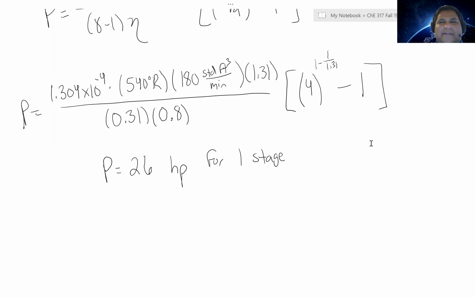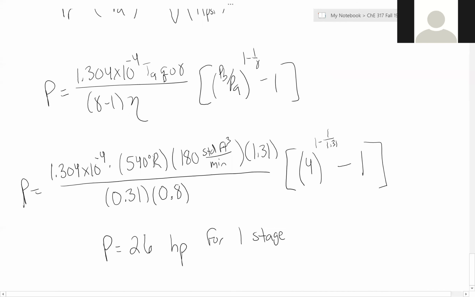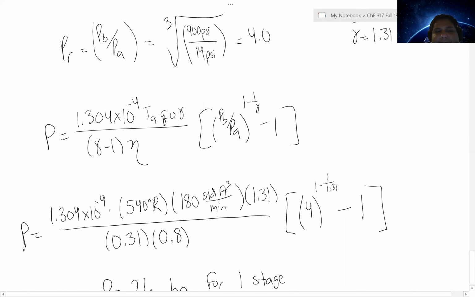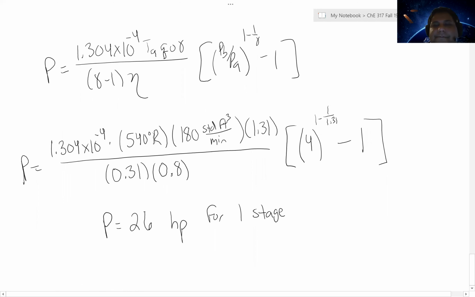So you're not going to be able to do any sort of checking. You just have to make sure the values you put in terms of temperature and flow rate are the proper units. And the reason we put 4 in there for P_B over P_A is because it's only for one stage.